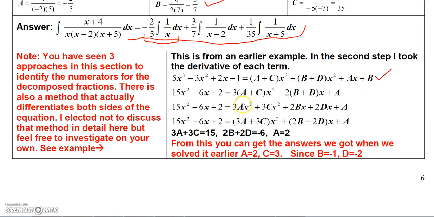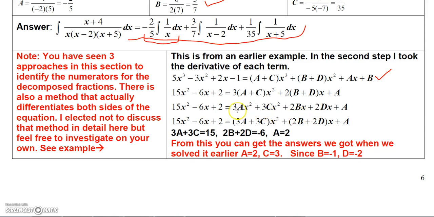So now, if you distribute the 3 through here, you get 3a plus 3c, and then each of these times x squared, so you get 3ax squared plus 3cx squared. And then here, if you distribute the 2, you get 2 times b times x, and you get 2 times d times x, and then bring the a down.